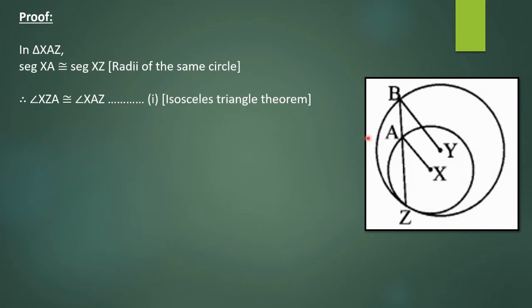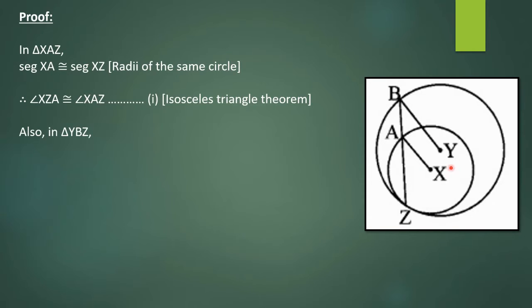And angle XZA will be congruent to angle XAZ. This we can say by the isosceles triangle theorem, or that angles opposite to congruent sides will be congruent. So the congruent sides were XA and XZ, and the angles opposite to them were angle XZA and angle XAZ. Hence they will be congruent to each other.